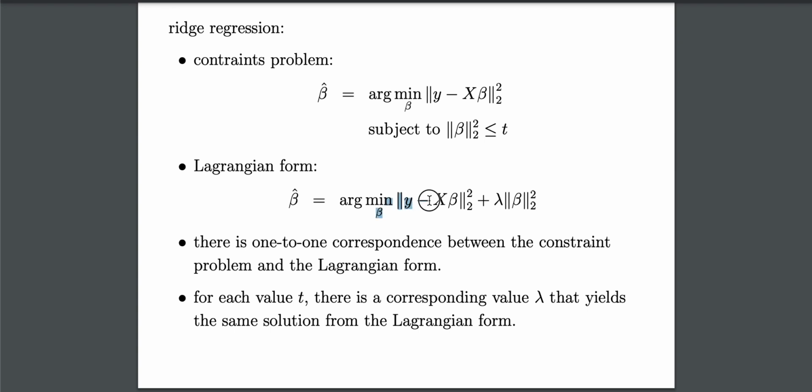This is the training error, and this is a measure of complexity. The larger the length of beta, the greater the complexity, because it means that we have a larger model space.